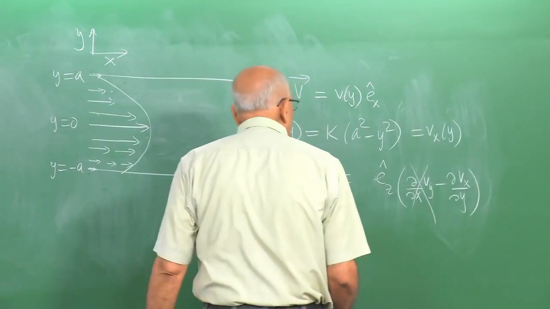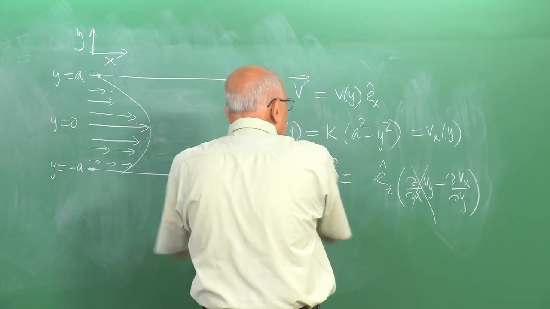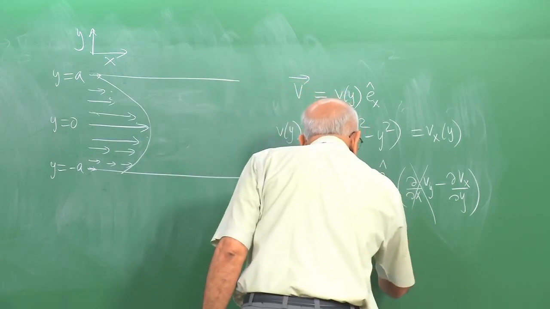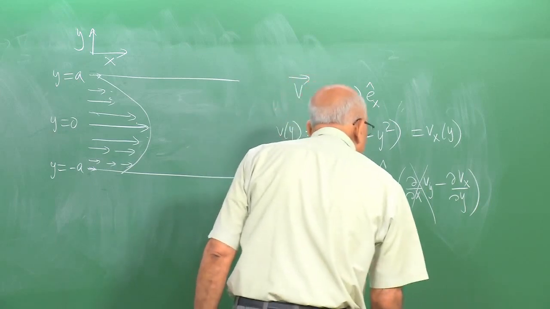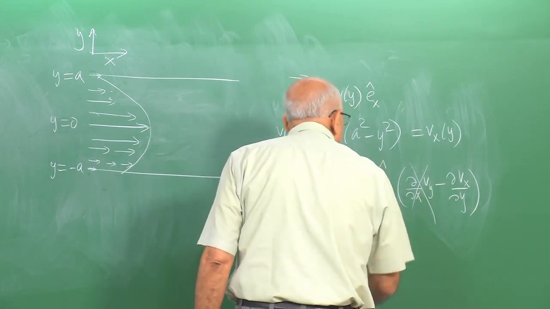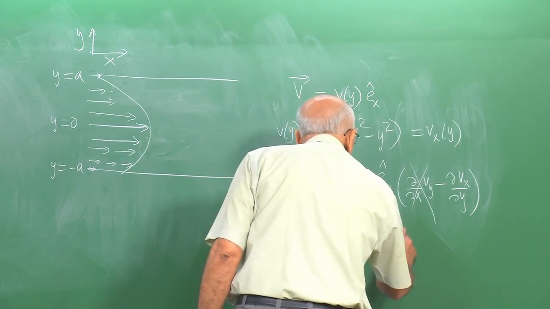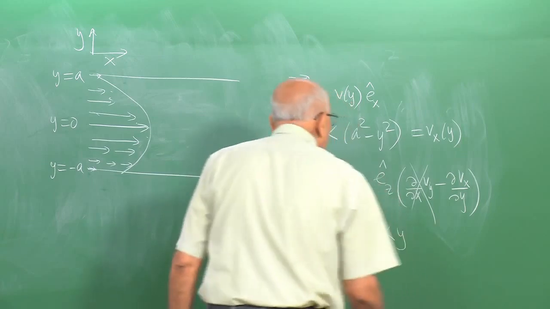So you have Ez times minus delta Vx over delta y, but Vx of y is given by this. So this is equal to minus k, there is a minus sign here and a minus sign here, so this becomes k times 2y.